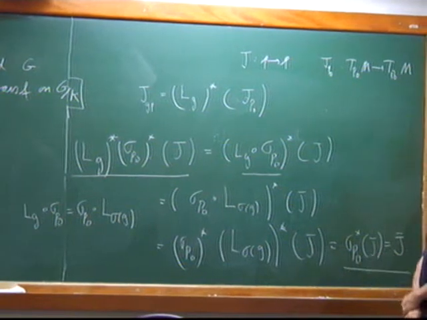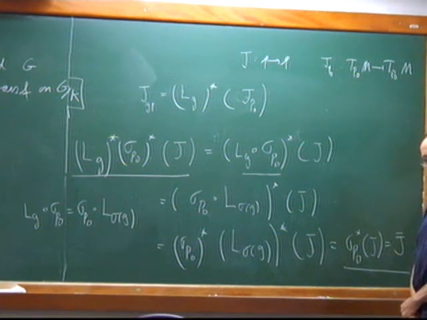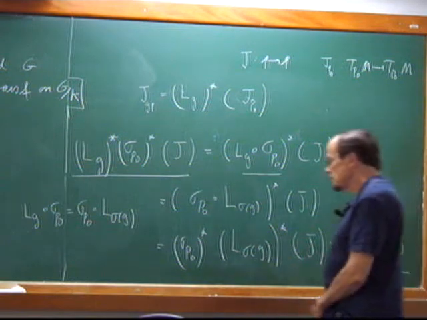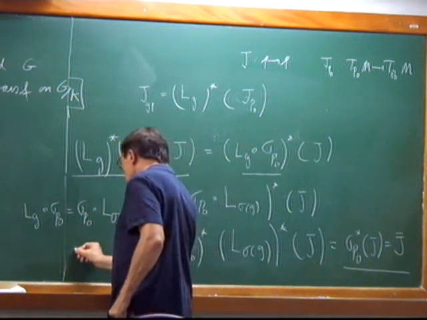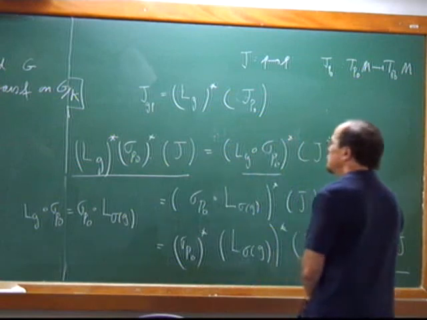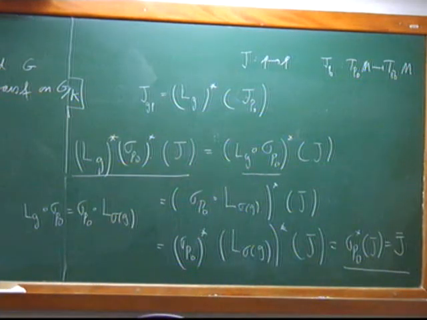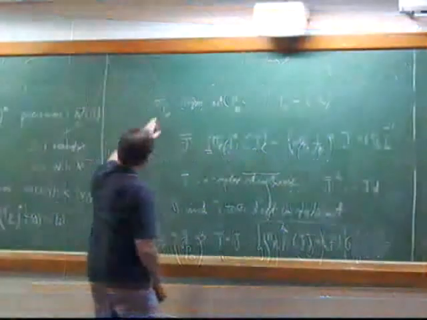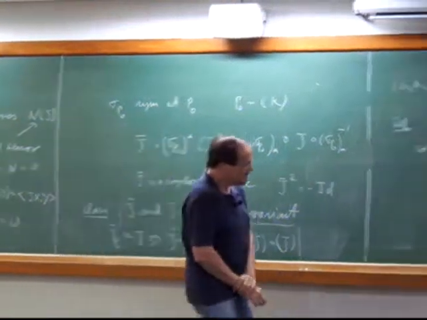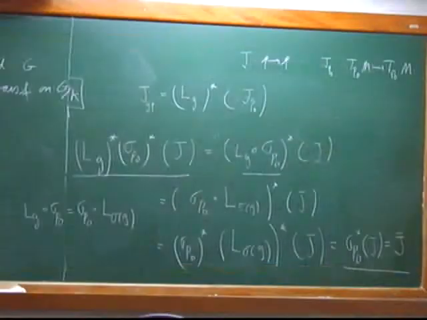You just plug into the coset and verify it on the cosets. Did I mix up sigma and S? In the notes I usually call this S P naught, but okay, I'm not going to change it now.